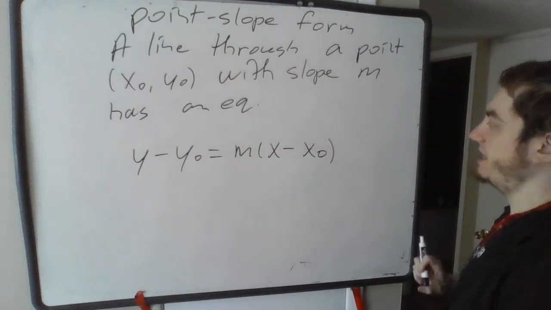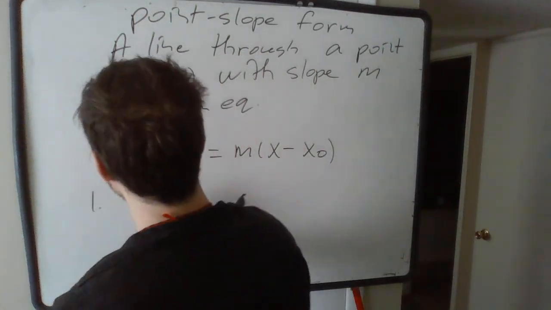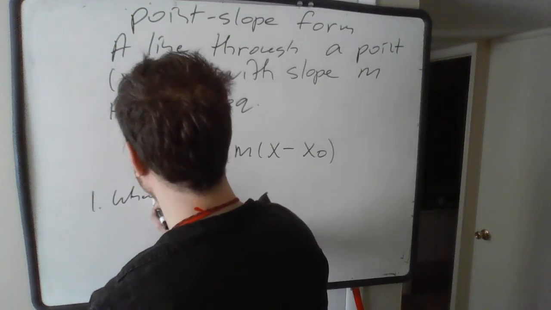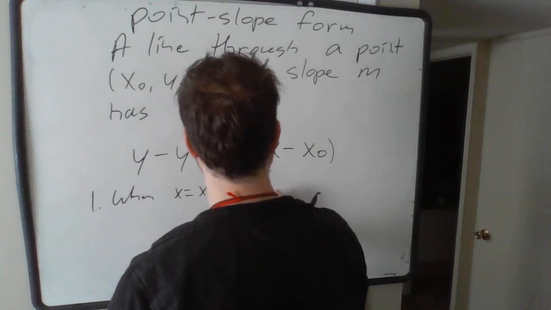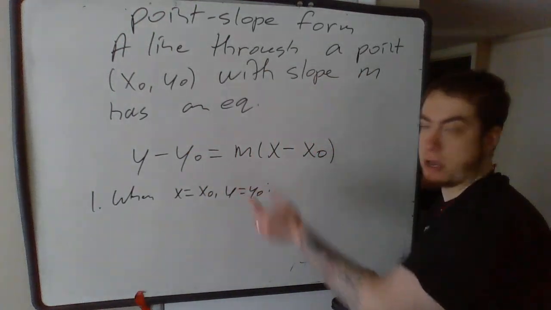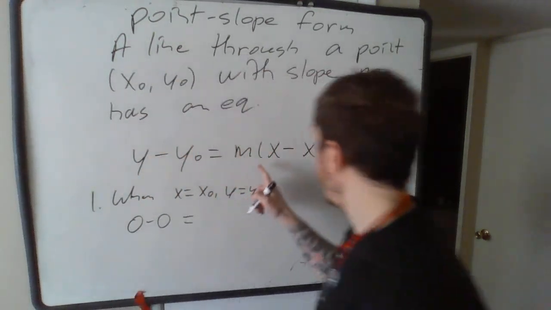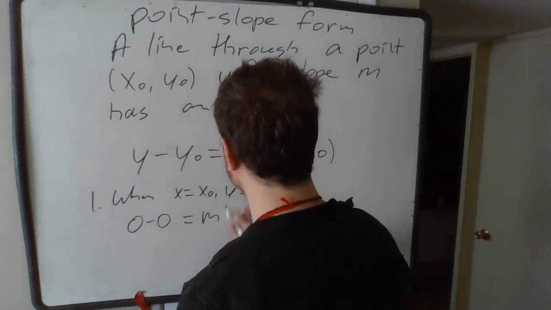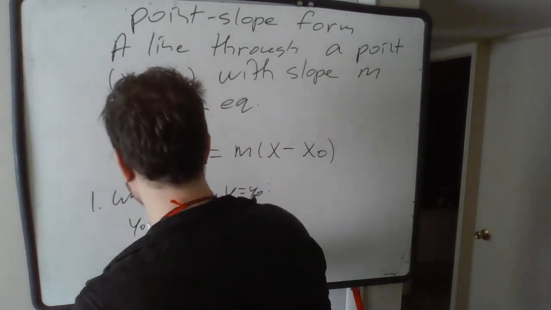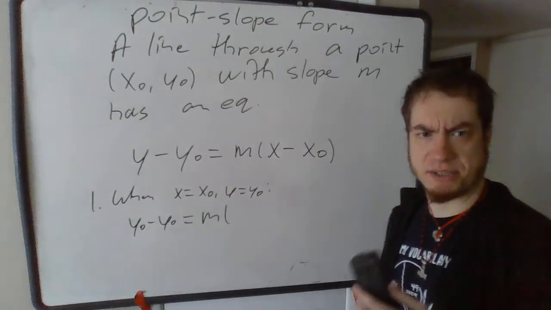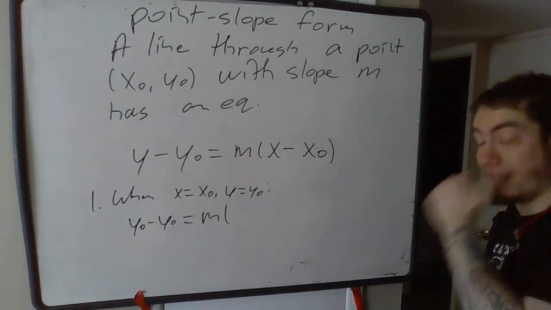Now, how do we see that this is true? Well, first of all, to verify that this is true, if I plug in x equals x0 and y equals y0, then this equation becomes true, because the left-hand side becomes y0 minus y0. I'm sorry, I said 0 minus 0, I was just writing the subscript instead of the actual symbol.